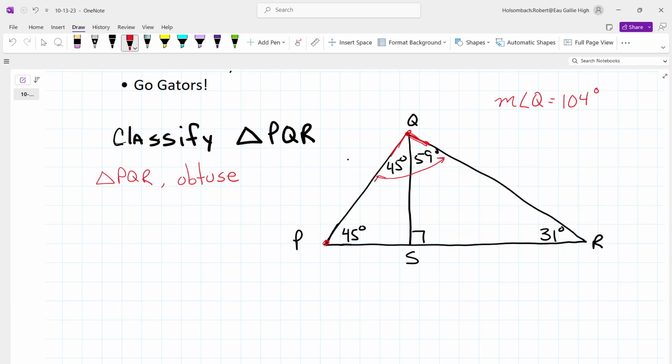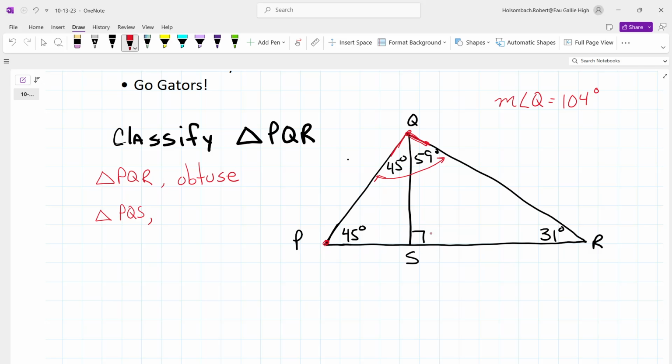While we're here, let's continue and classify triangle PQS. We've got triangle PQS, this smaller triangle on the left-hand side of the big shape.